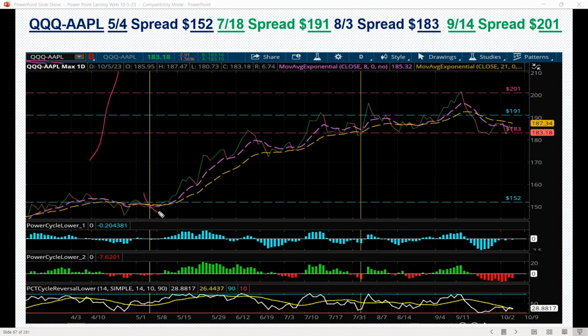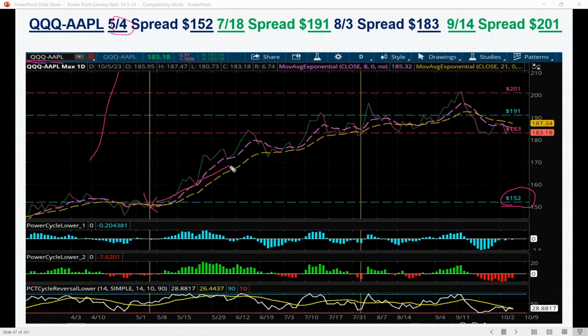On the 4th of May, that spread was at $152 per share: QQQ was trading at $152 over Apple, right here. That's all you're playing. Then the spread started trending up. See the spread trend?